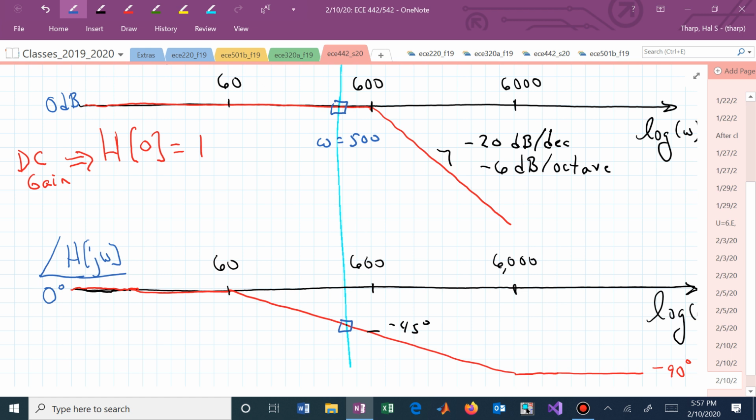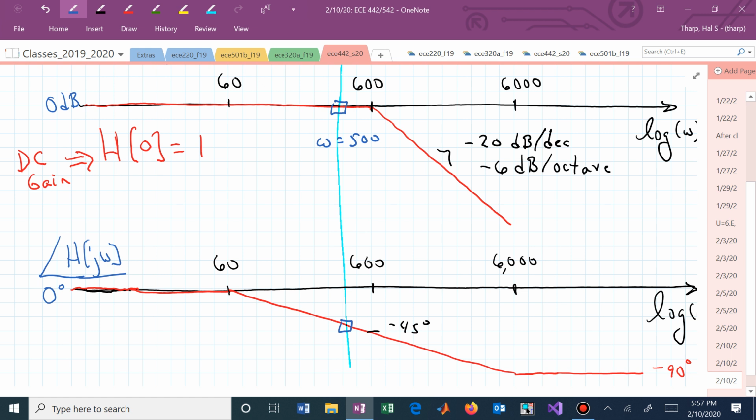That's the half power point, or the minus 3 dB point. So you will actually be 3 dB below 0 dB at 600 radians per second. But we're just drawing the straight line plot here.